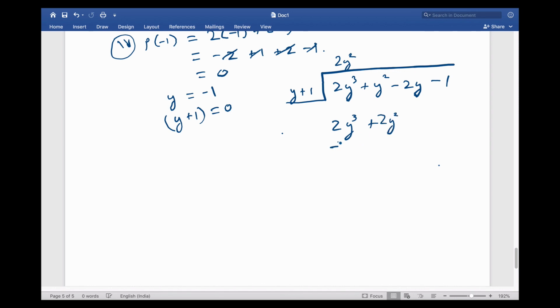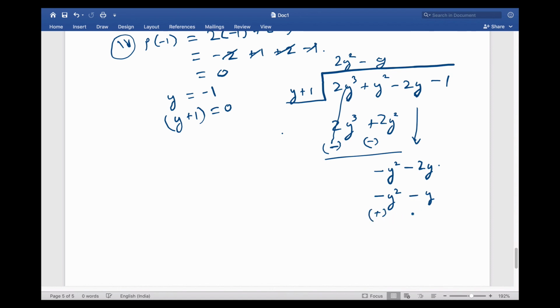The signs will reverse. This and this will get eliminated. I will be left with minus y square minus 2y. This will be brought down. So I want minus y square. I will simply multiply with minus y. So I get minus y square minus y.